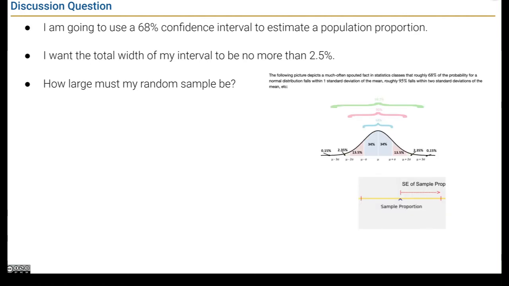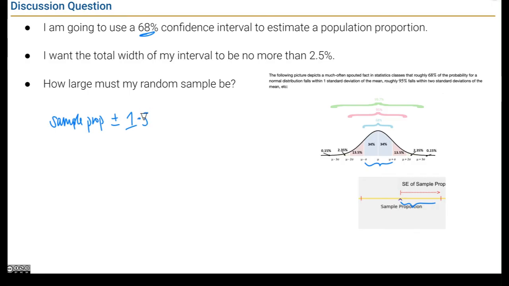All right, key thing to remember here is for a 68% confidence interval, I would have my sample proportion plus or minus, but I'm not doing 2 standard errors, I'm only doing 1 standard error, because we know that for a normal distribution, 68% of the area is within 1 standard deviation from the mean.